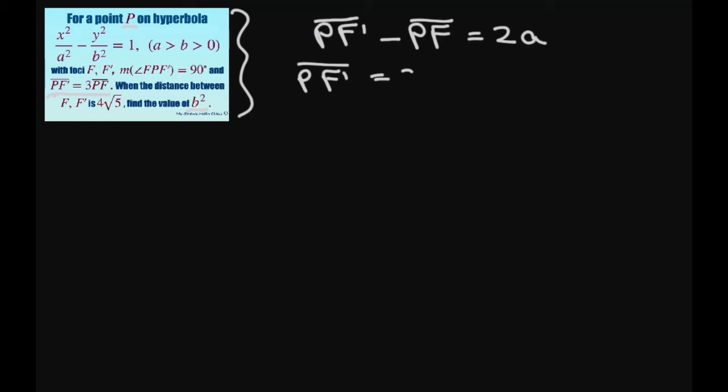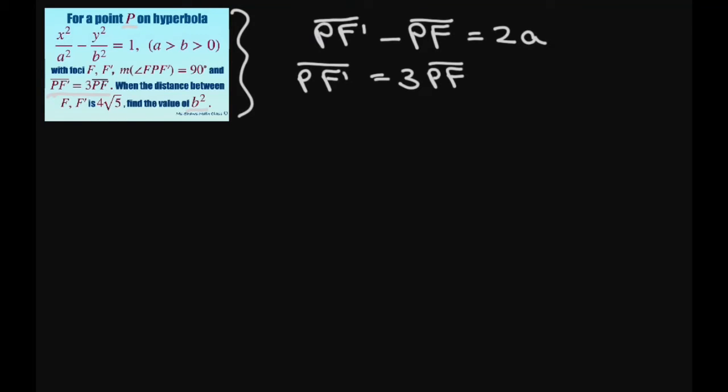So by definition of a hyperbola, the length from the point P on the hyperbola to one focus, F prime, minus PF to the other focus equals 2A. All right. We're also given this information that PF prime equals 3PF.